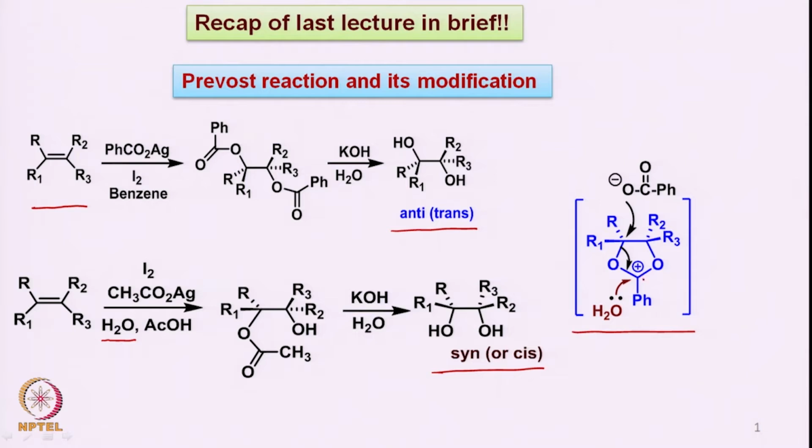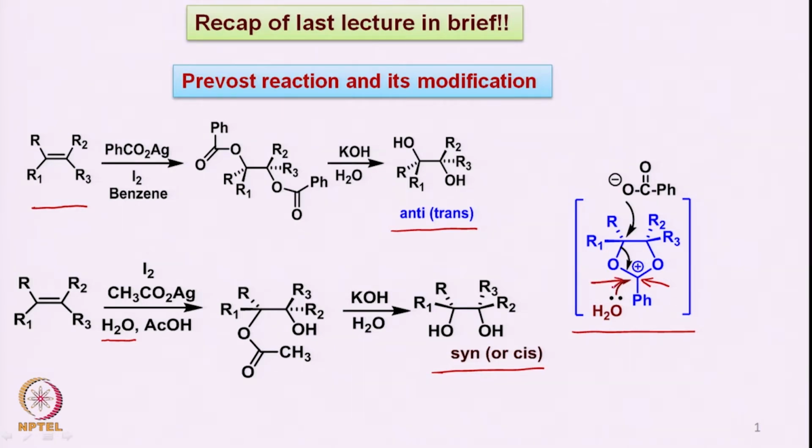having a positive charge on the middle carbon here, and if the trans diol is to be obtained where there is no water used, the nucleophile, that is benzoate anion, attacks from the top, and in the case of syn diol to be formed, water attacks onto this particular carbon atom here.